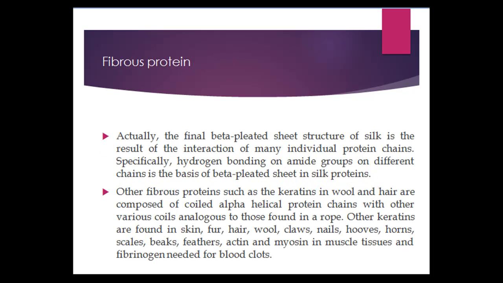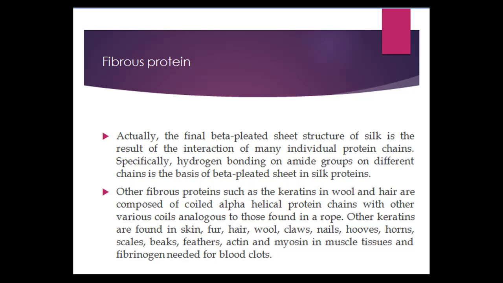What are fibrous proteins? Actually, the final beta-pleated sheet structure of silk is the result of interaction of many individual protein chains. Specifically, hydrogen bonding on amide groups on different chains is the basis of the beta-pleated sheet in silk proteins.